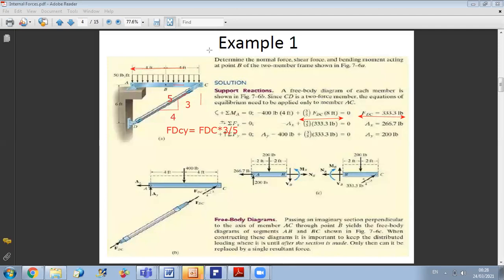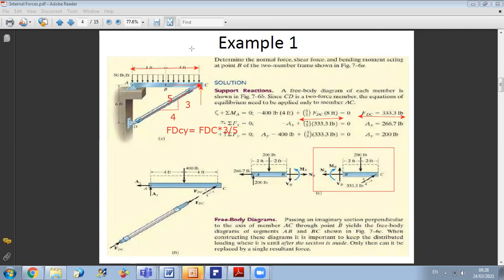Now, once we have FDC, we work on this part. To get the three internal forces and couple, we should apply the equilibrium relations for this. Now, please pay attention to something. Never reduce your distributed load before the cut.